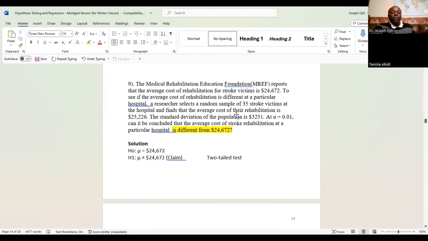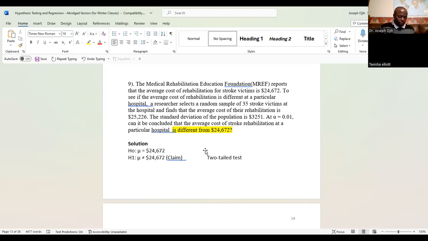And then they found that the mean of the sample of those 35 people is 25,226. Let me write all this down. Mean is 24,672.